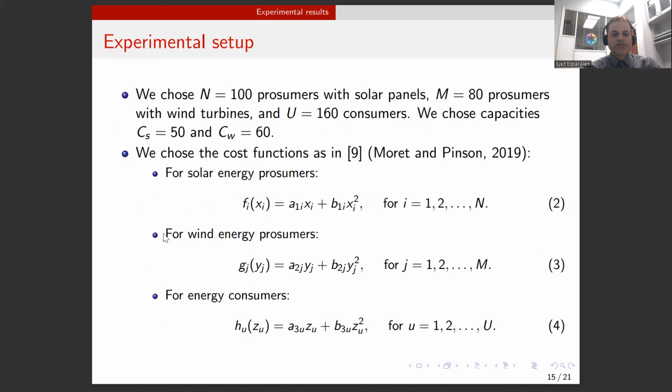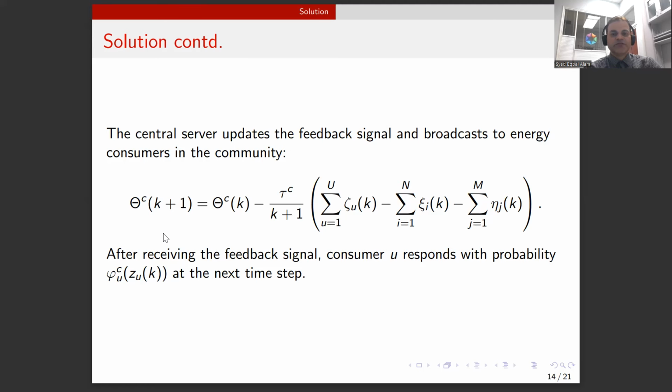So it works like that. Once the prosumers and consumers join the community, they obtain some parameters from the central server, and the central server knows the desired number of prosumers and consumers to be active at a time.